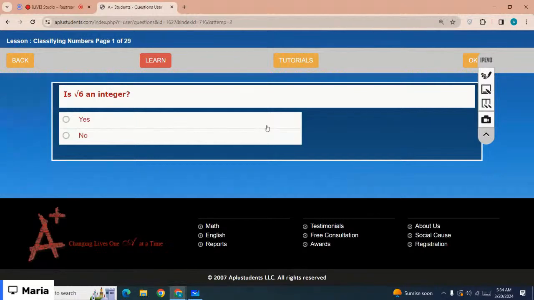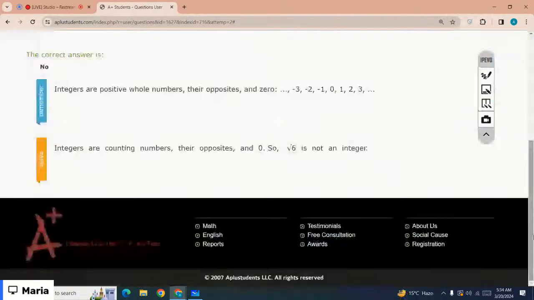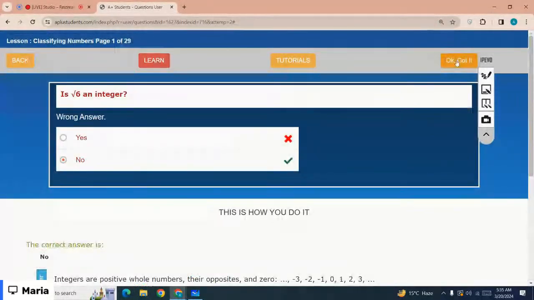The correct option is that square root 6 is not an integer, right? Sorry, integers are the positive and the negative numbers, not the ones with decimals, right? Integers are the negative and positive numbers, and zero is included in the integers, right? Okay, got it.